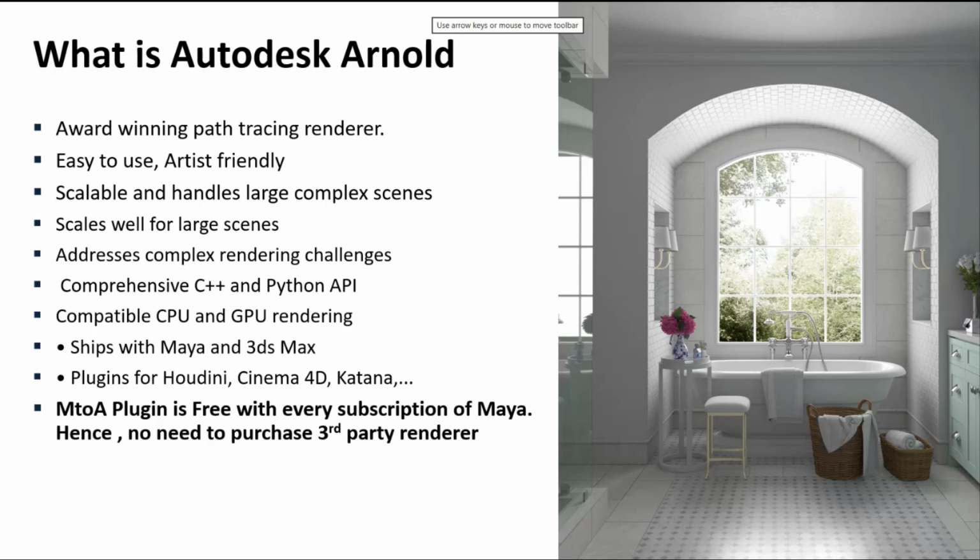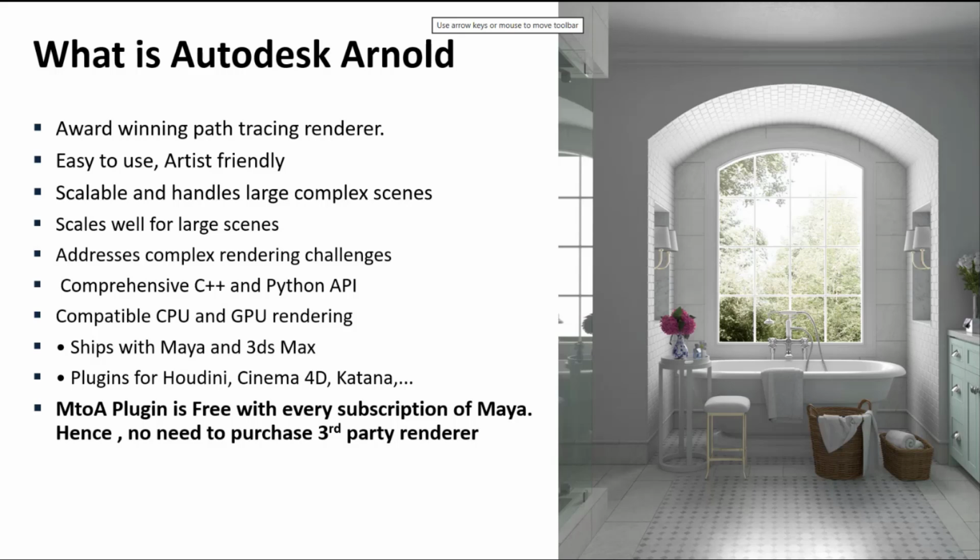How about other DCC applications like Houdini and Cinema 4D? They have a plugin for those other DCC applications. The plugin is called MtoA, which means Maya to Arnold plugin. That's free for every subscription.